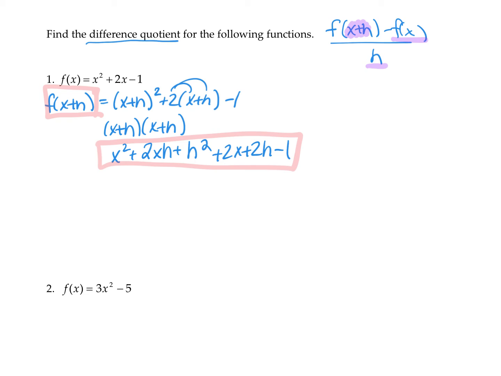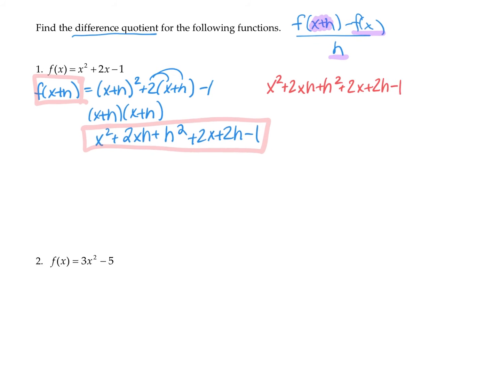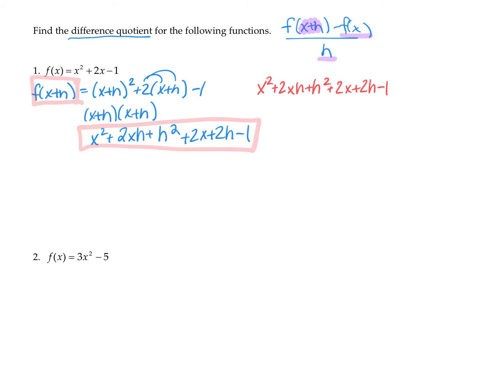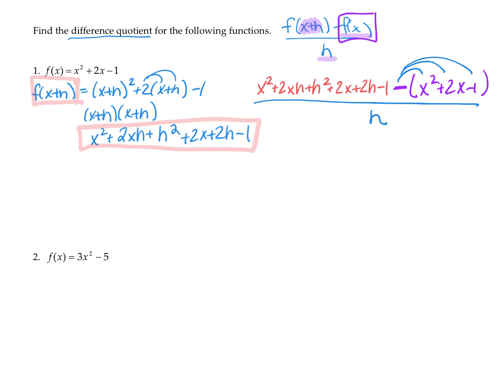So now I'm going to do f of x plus h, so x squared plus 2xh plus h squared plus 2x plus 2h minus 1. And I'm going to subtract that from just regular f of x, so that's x squared plus 2x minus 1. Again, notice I use parentheses because I'm going to have to make sure I subtract each term, and this is going to be all over h.